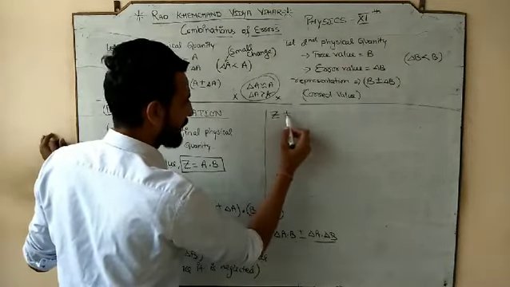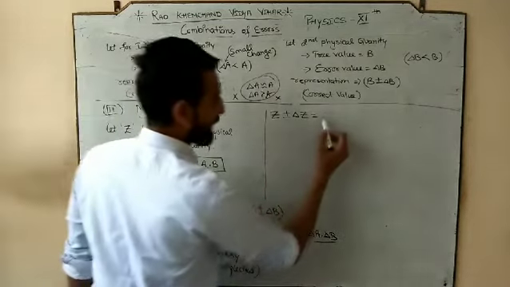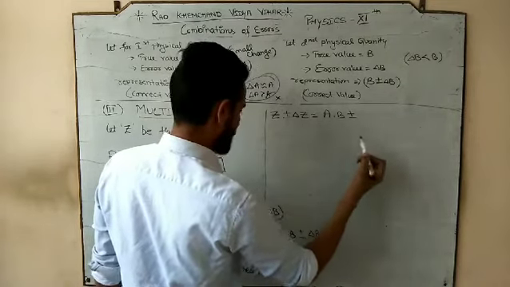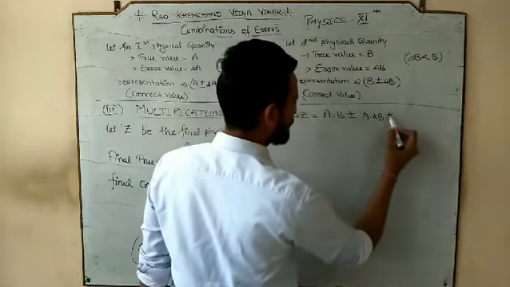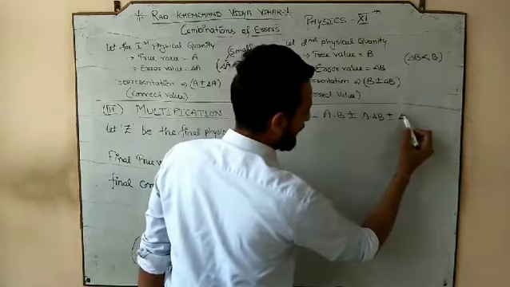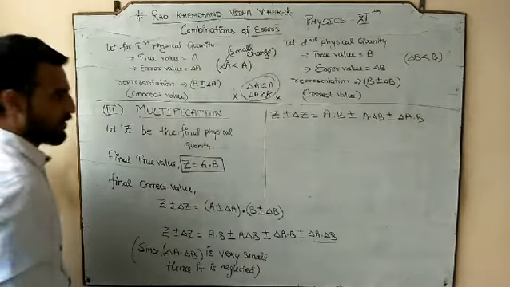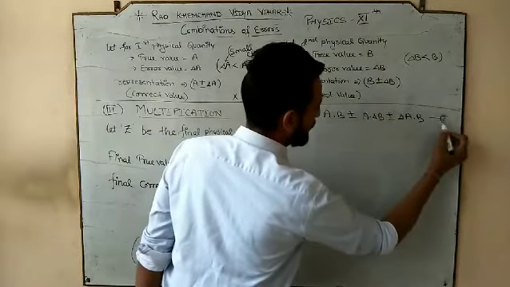Z plus minus delta Z is equal to A dot B, means the product of AB, plus minus A dot delta B plus minus delta A dot B. We neglected this part. Now this is equation 1 and this is equation 2.